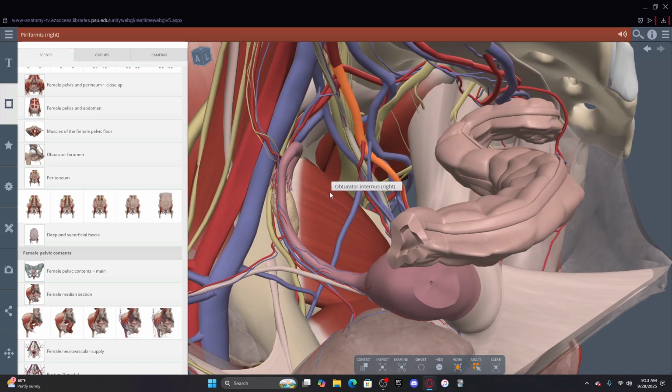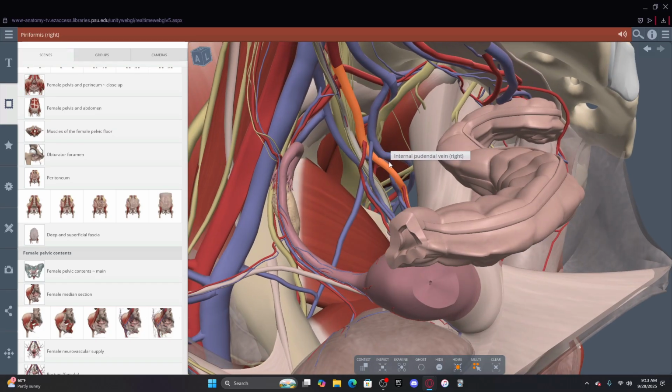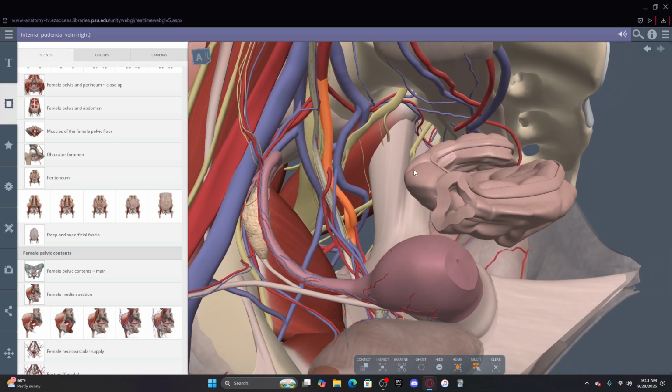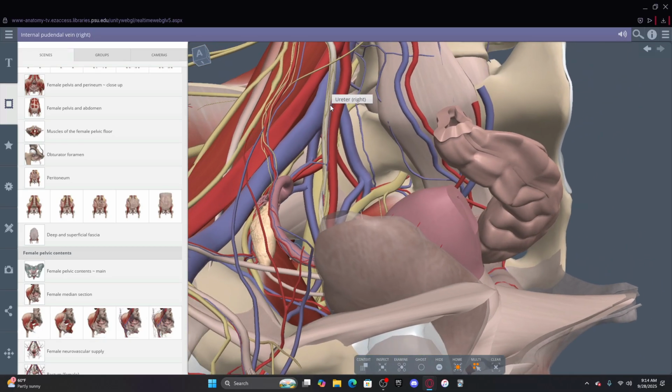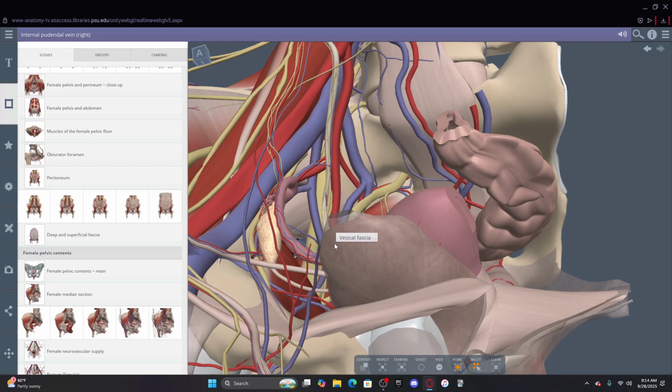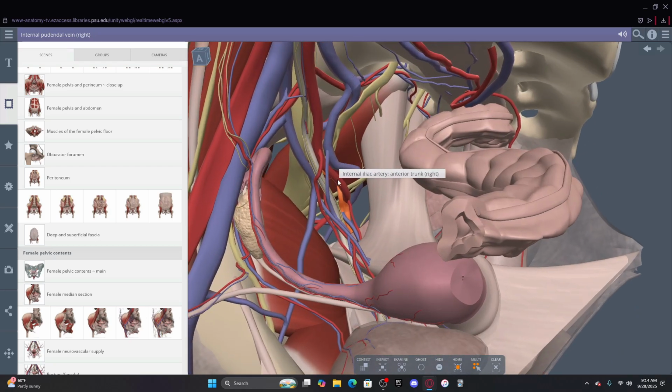And then we need to find the vein. So look for something similar. Vein and artery running with each other. So coming off the internal iliac artery, I can find my pudendal artery here. Internal pudendal artery. The internal iliac artery converges and branches to form our internal pudendal artery.